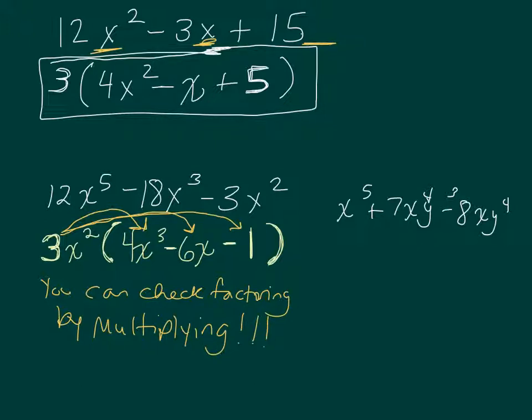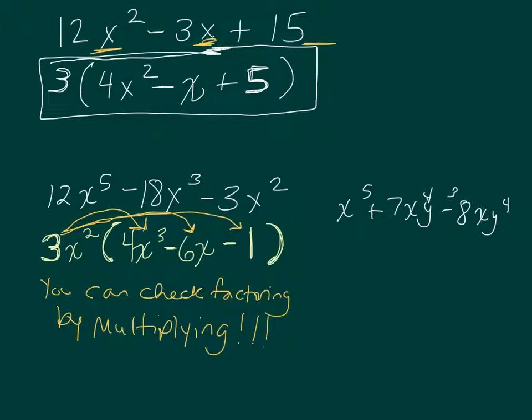Alright, let's look at this next one. I have 1x to the fifth, or x to the fifth, plus 7x to the fourth y to the third, minus 8xy to the fourth. 1, 7, and 8, they don't have anything in common, so I can't get any numerical factors out of there.